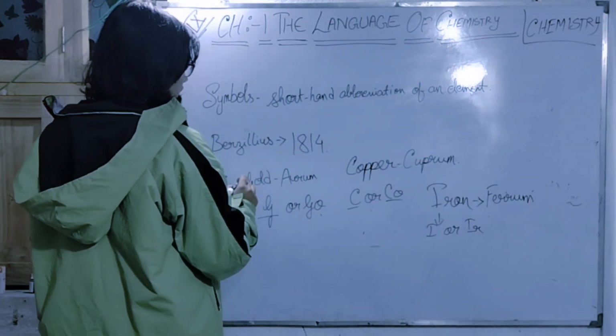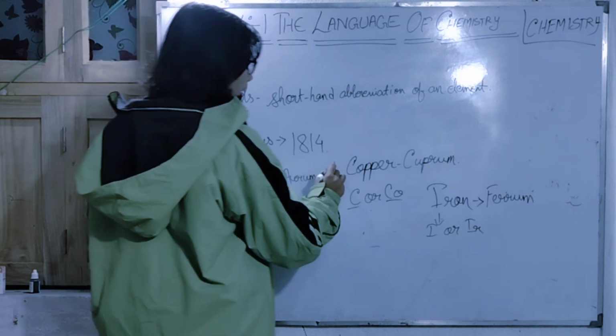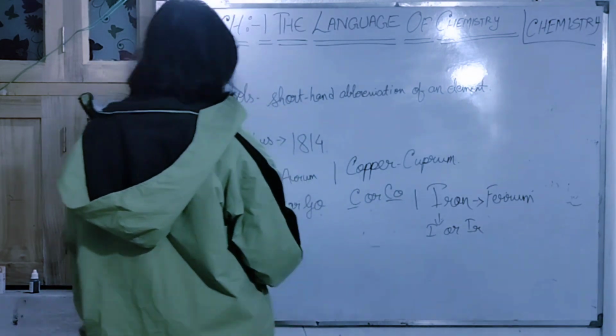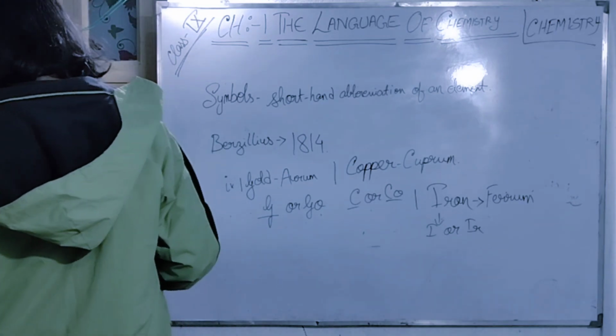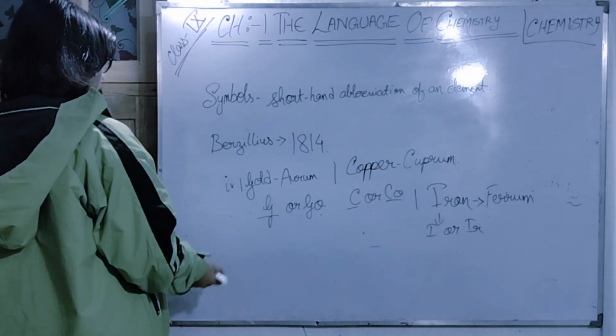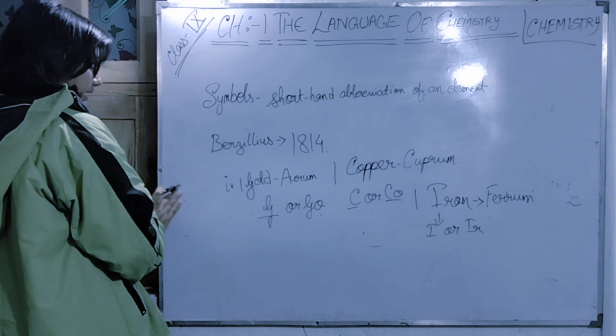This is because gold, copper, iron and many others like mercury and aluminium are taken from their Latin names.